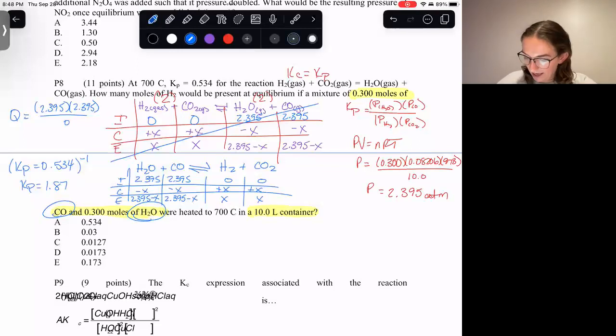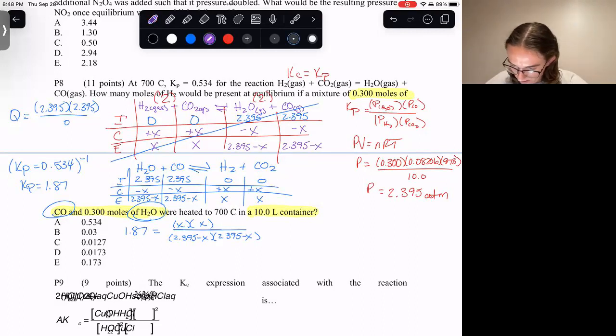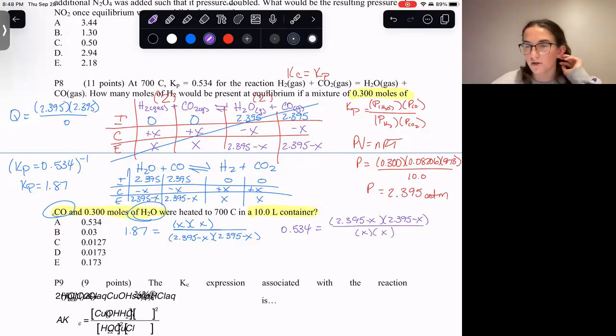Yep, now we can just plug it into K. So we can say this, and then if you're in purple, then you would say that. So those are your two options that you have.